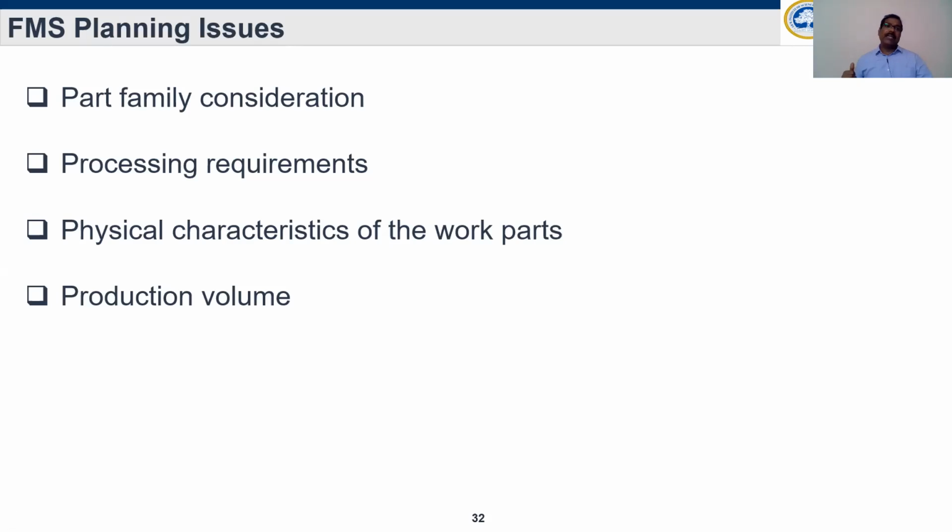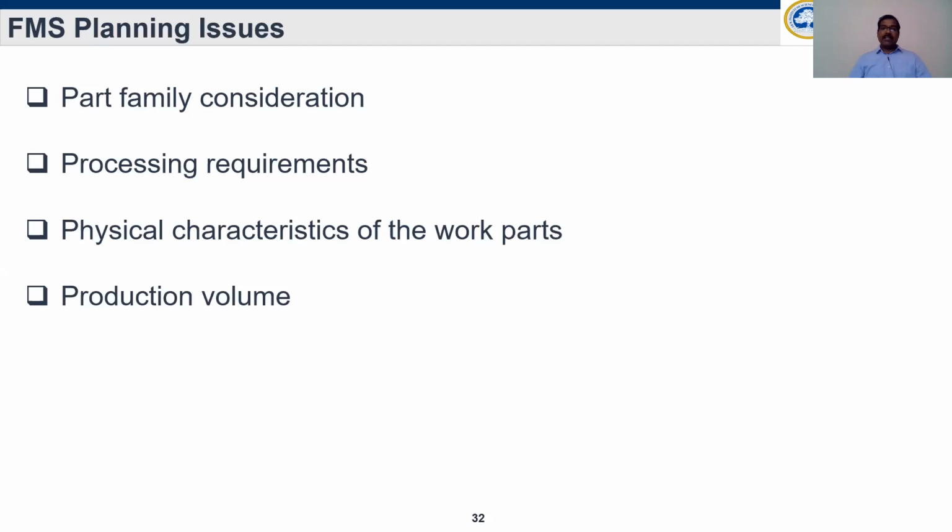Then the physical characteristics of the particular work parts, because according to the physical characteristics only the machines need to be designed. For example, for handling flat glass, the material handling needs a proper gripper. Simply we can't pick something up, right?